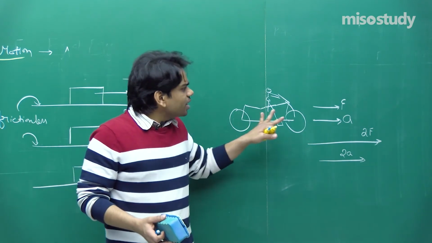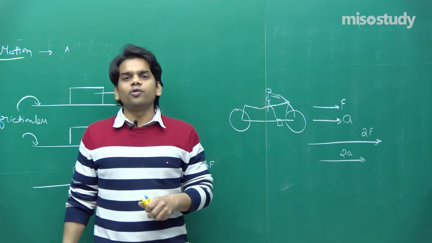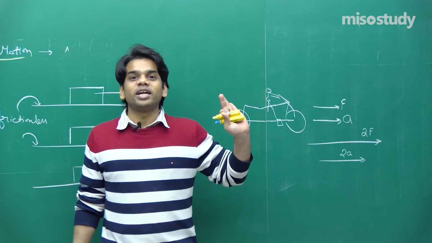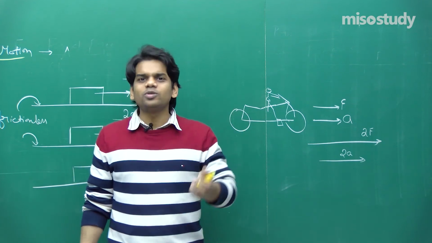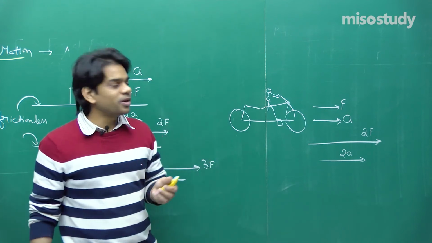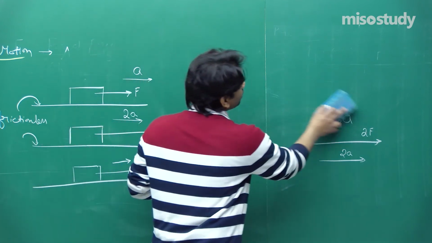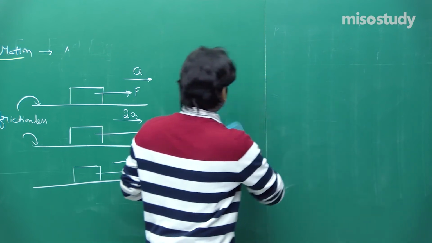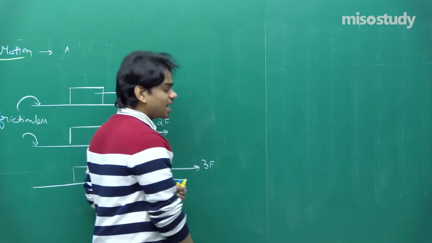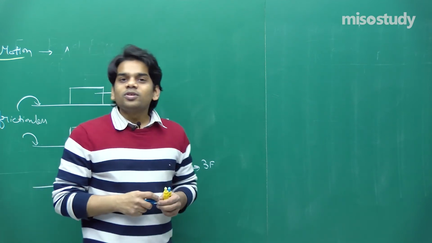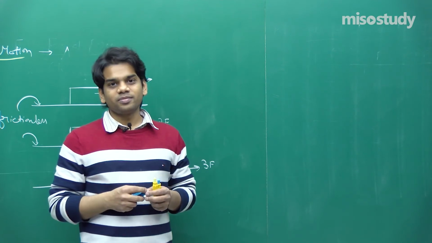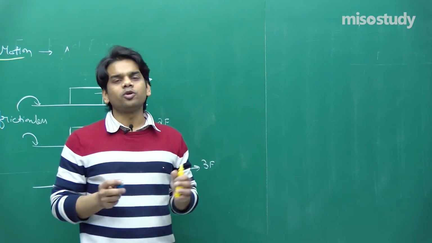So what we are seeing is that the force is directly proportional to the acceleration produced, or we can say the acceleration produced is directly proportional to the force applied on the object. Here comes the second law statement. Newton observed this very closely and reached some conclusions. He said that the force exerted on an object produces an acceleration, and force and acceleration are directly related to each other.